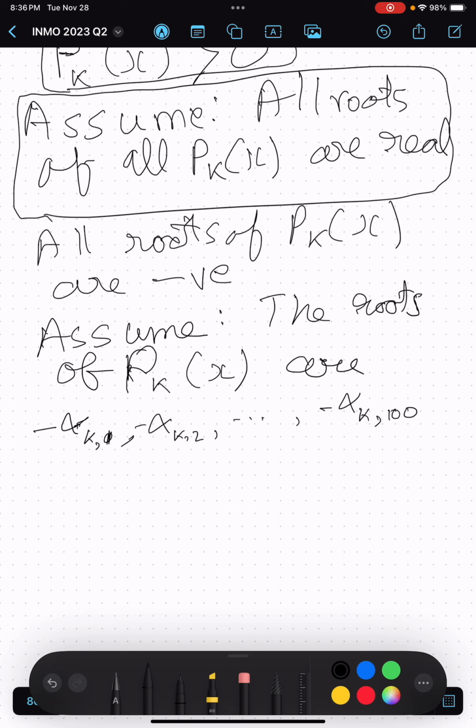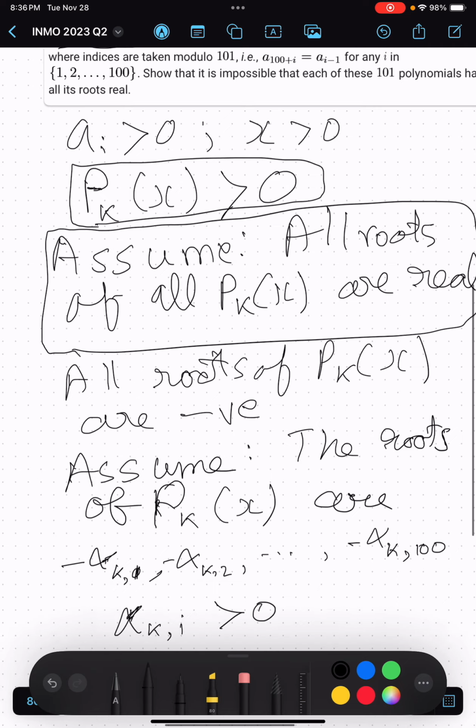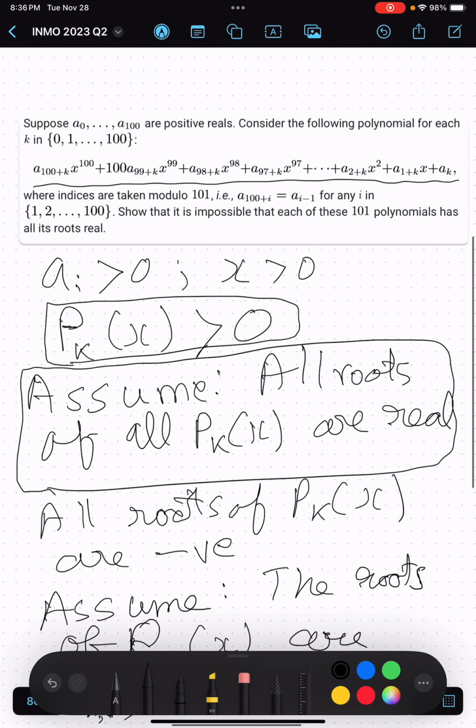These are the 100 real roots of p_k(x). Since they are negative, we have alpha_{k,i} greater than 0 for all i, and we have the polynomial as this one.